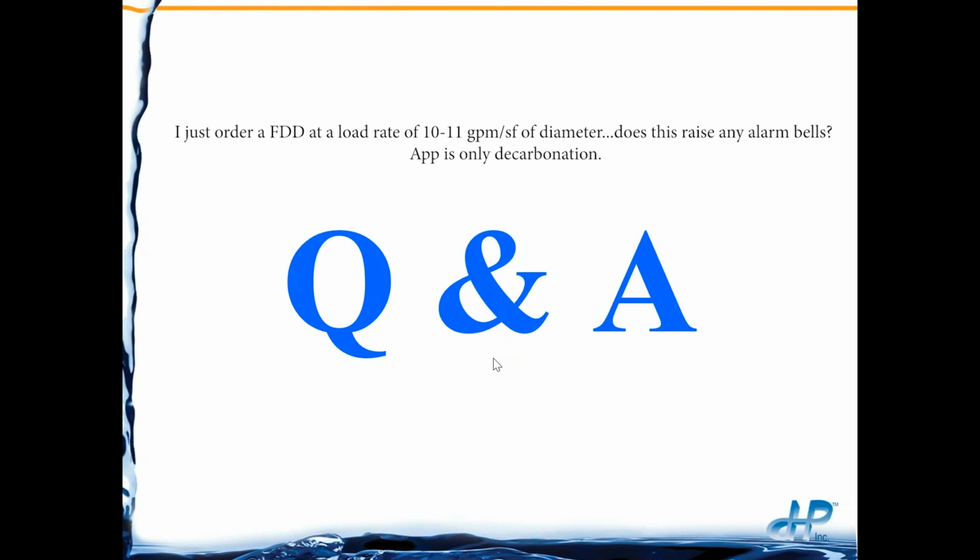So here's a new question. I just ordered a forced draft degasifier at a load rate of 10 to 11 gallons per square foot. Does this raise any alarm bells? Application is only decarbonation. Well, again, if it was designed properly, someone is probably pumping more air into it.